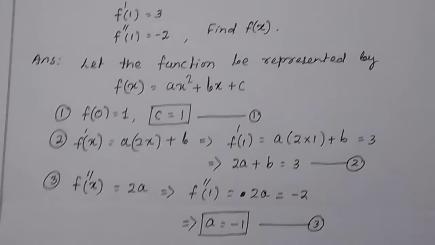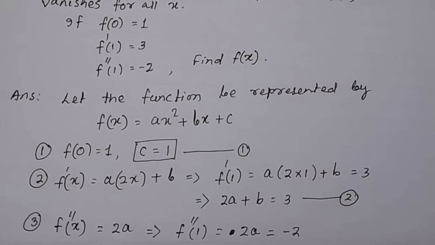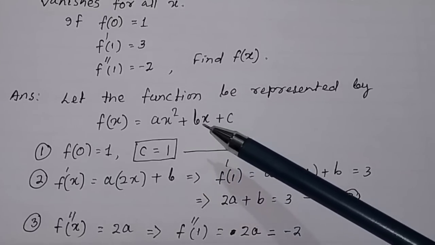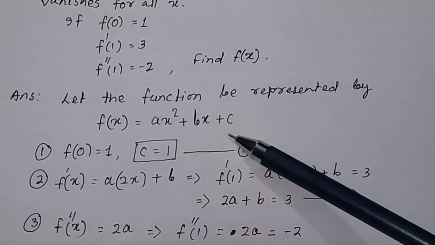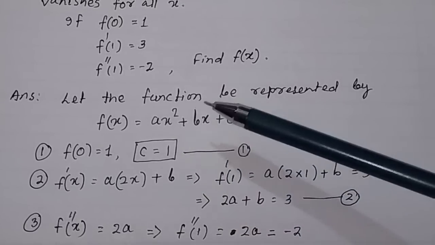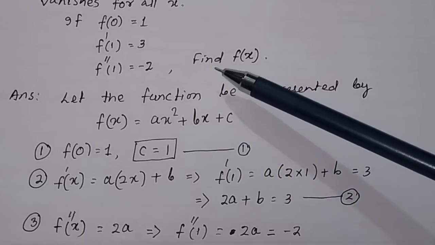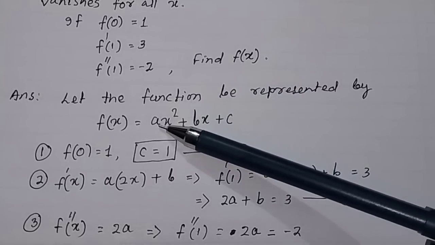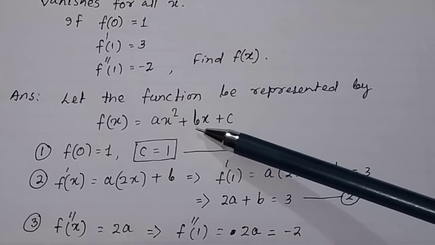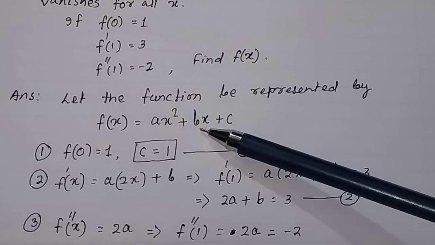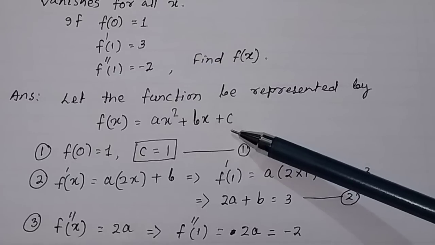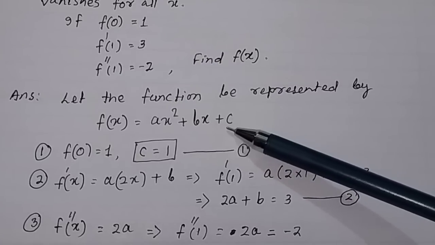The function is given. Here we have taken ax² + bx + c. We have found the value of a is equal to minus 1, so the function will be minus x² plus the value of b, 5, so plus 5x, plus c, the value of c we have found as 1, so plus 1.